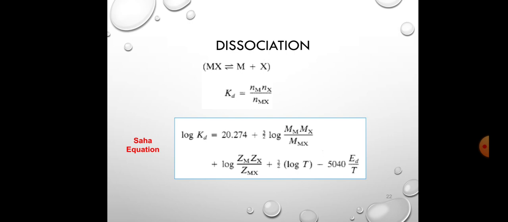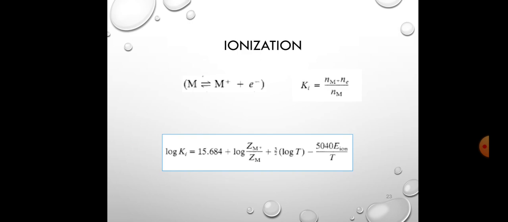So for some elements that have lower dissociation energies, for example, alkaline elements that have a smaller Ed, we have higher dissociation. They will be dissociated more easily. And if we have higher temperature, the dissociation will also be more efficient.